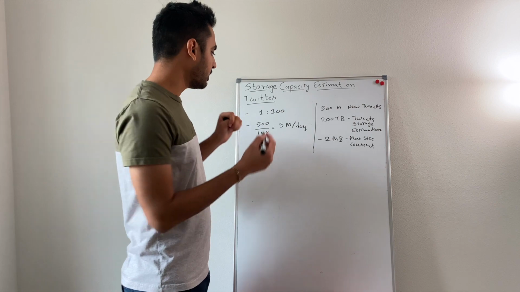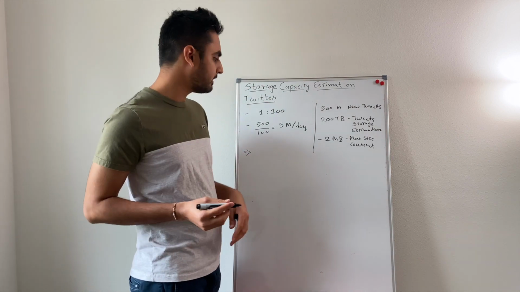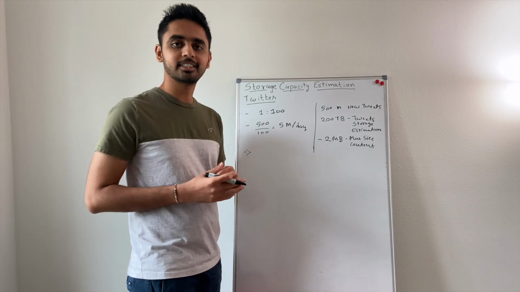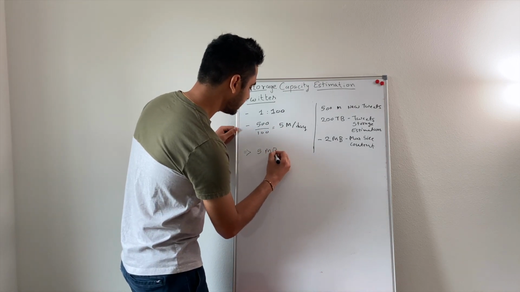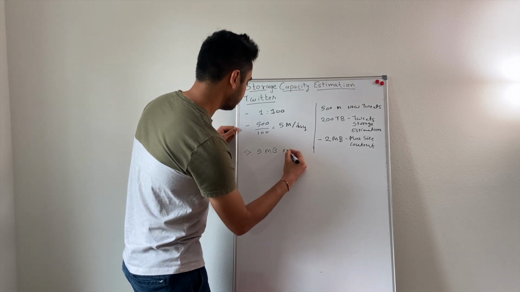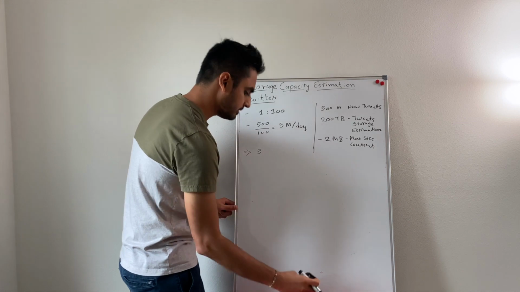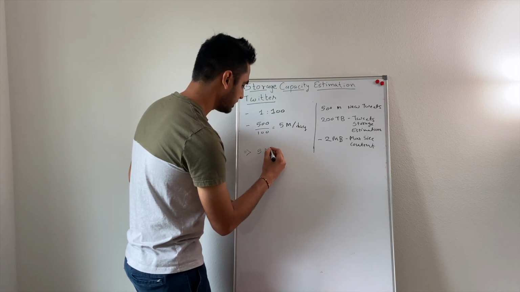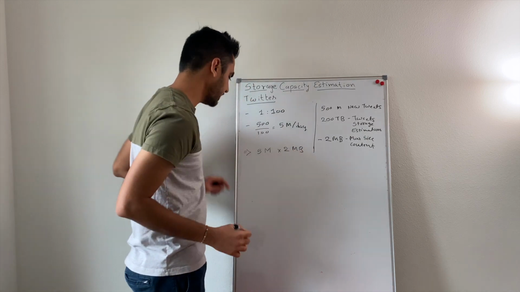So now we just need to calculate how much storage per day we are going to require for this extra media content. So it will be 5 million into 2 MB, right? How are we going to calculate?